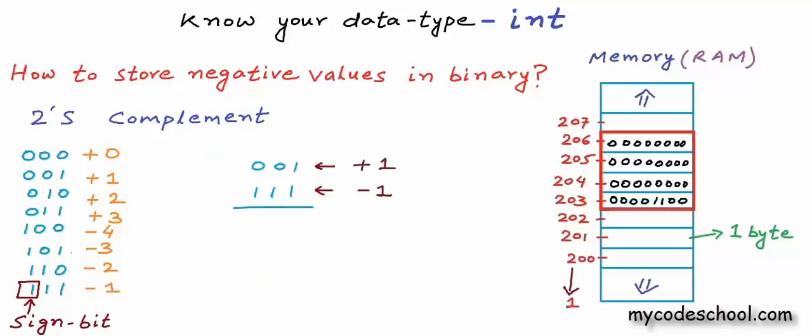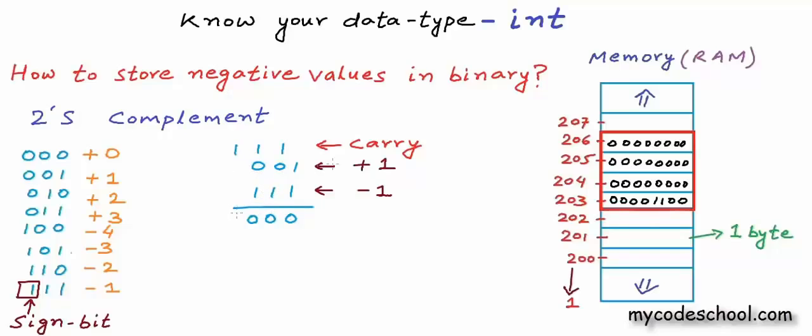So now if I'm adding 0, 0, 1, which is +1, and 1, 1, 1, which is -1, let's see what's happening. We'll start at the rightmost position. 1 plus 1 would be 1, 0. 1 will go as carry. Now at the next bit position we once again have two 1s, so 1 will go as carry, and once again for the leftmost position also we'll have a 0 and 1 will go as carry.